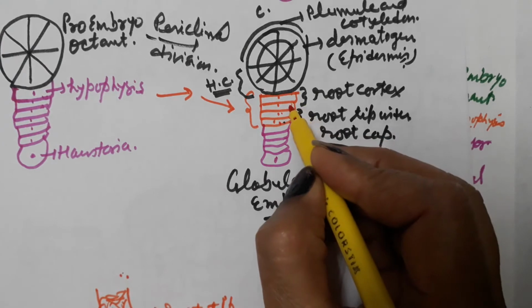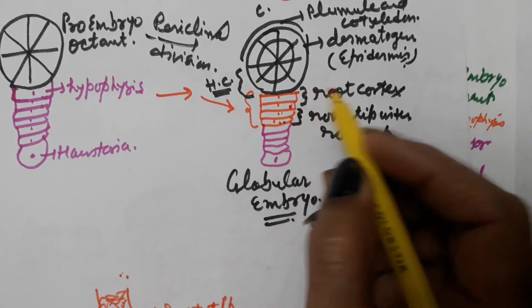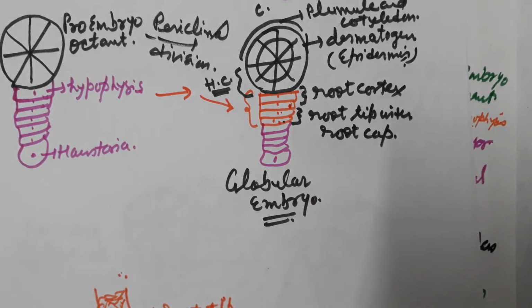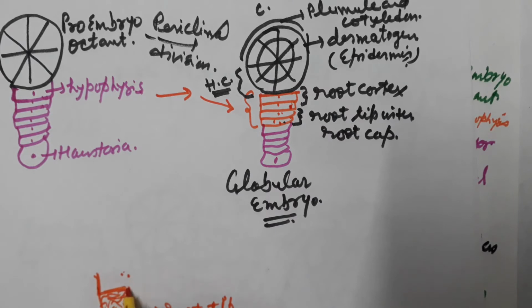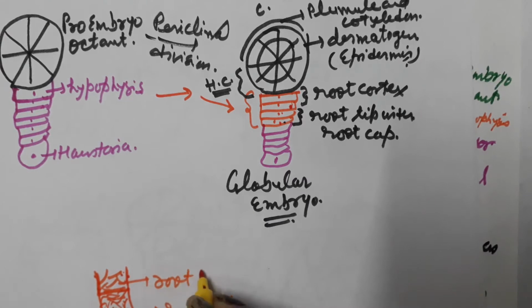The 4 cells above give rise to the root cortex. This structure represents the root cortex.